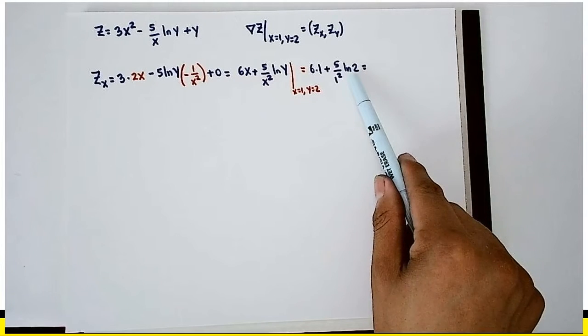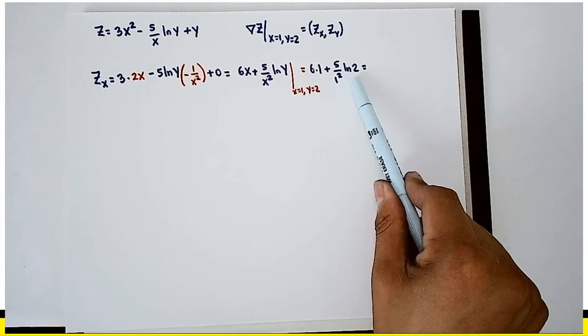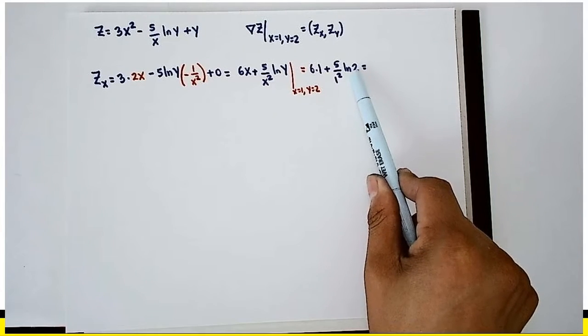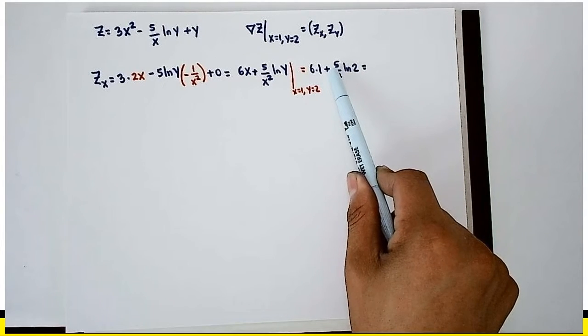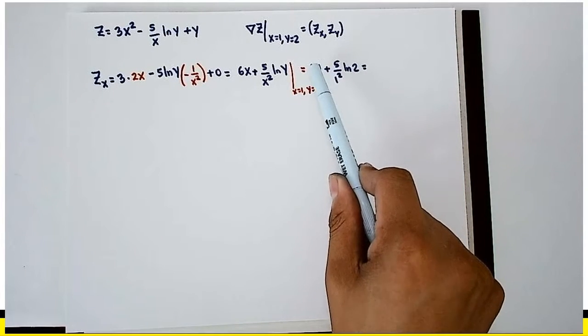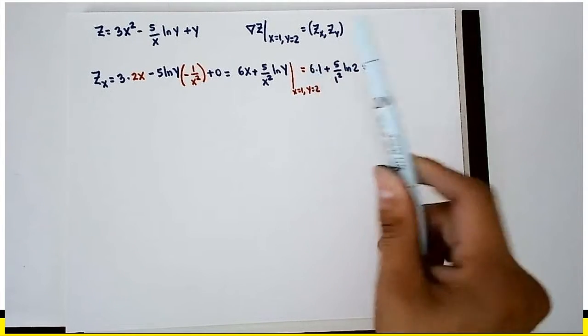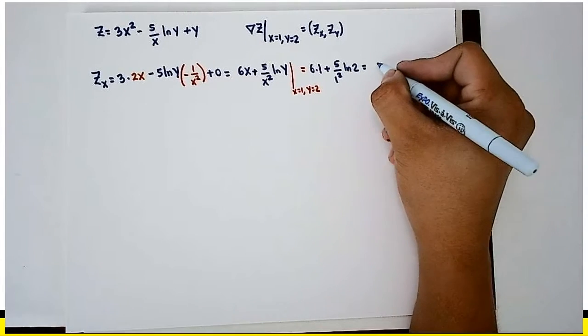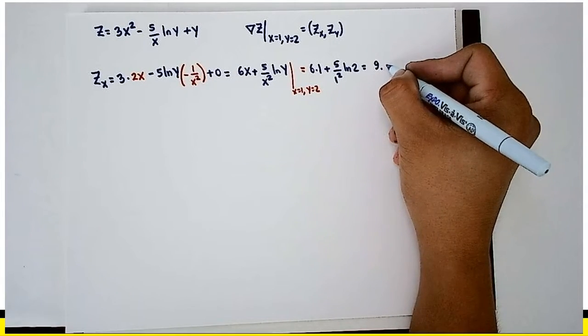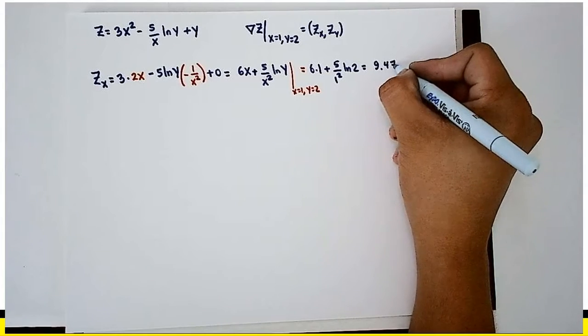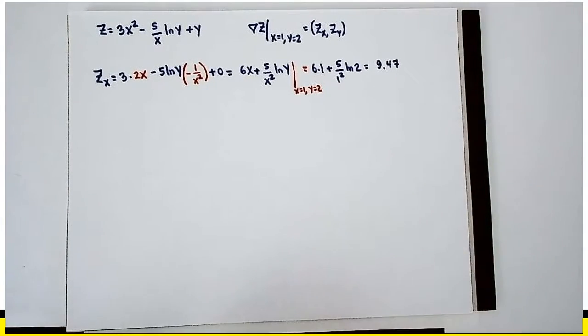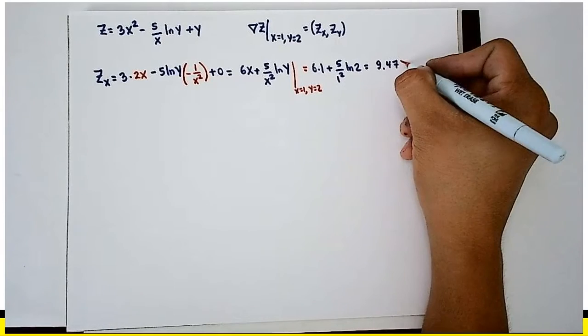Log of 2 is about 0.6931472, times 5 is about 3.47, plus 6. This will be 9.47, which is greater than 0.